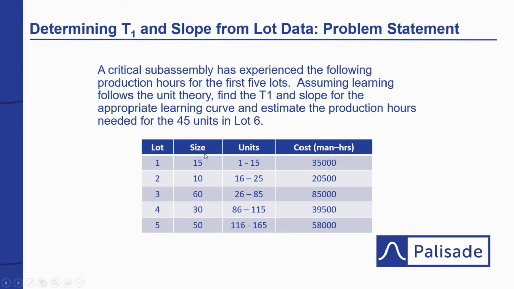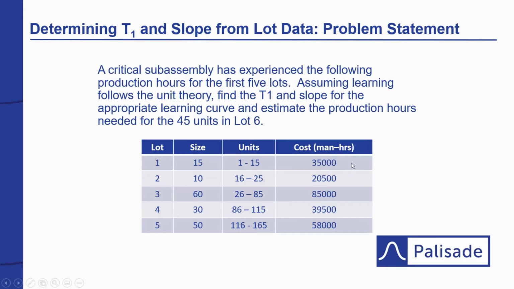I've got a lot of 15 units, and for that entire lot, I've got the man hours associated with it. It's not that uncommon to collect data this way. In fact, especially for massive quantities of things, it would be more unusual to see single unit call outs of the number of man hours taken to produce that. So this is not that unusual.